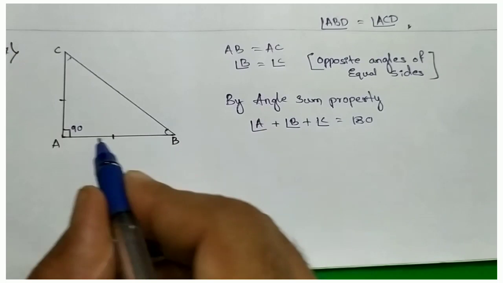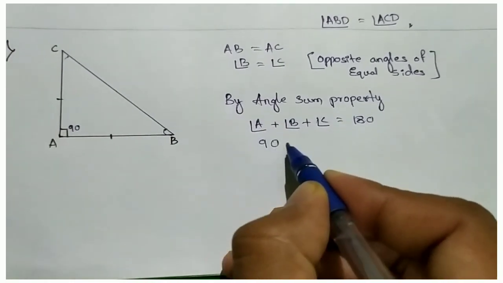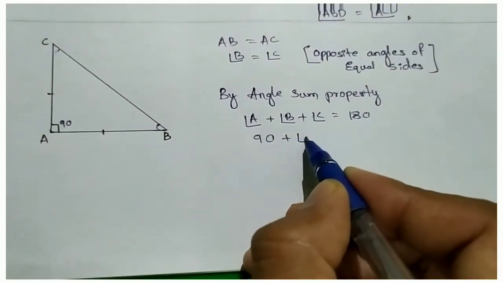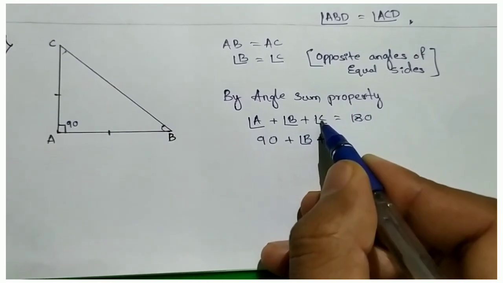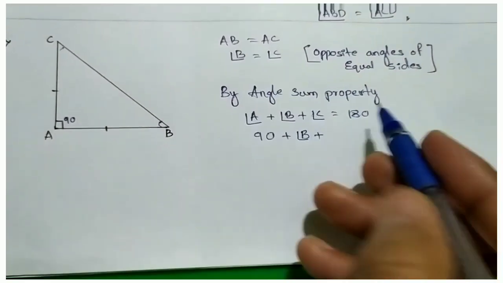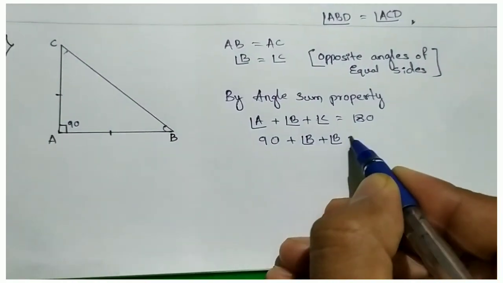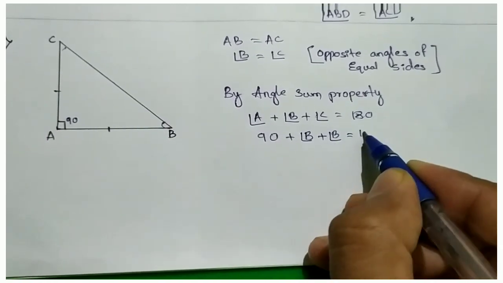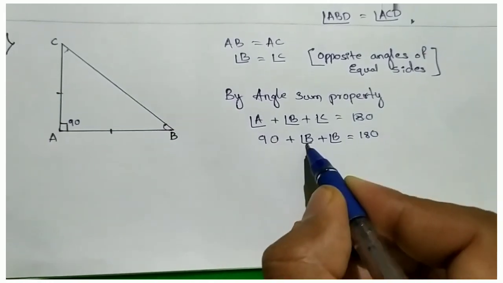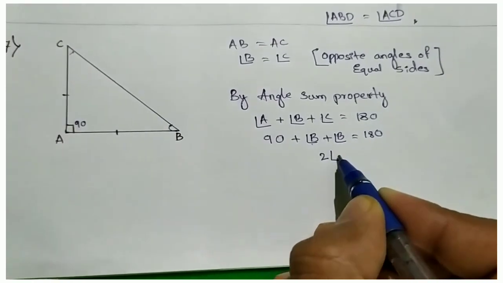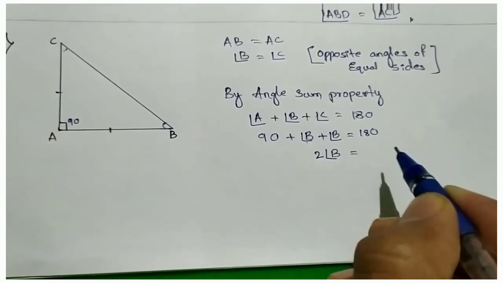Already we know angle A is how much? 90 degree. Plus angle B plus angle C means what? Angle C is also angle B. So in place of angle C, I will write angle B, equal to 180. So B plus B, 2B.